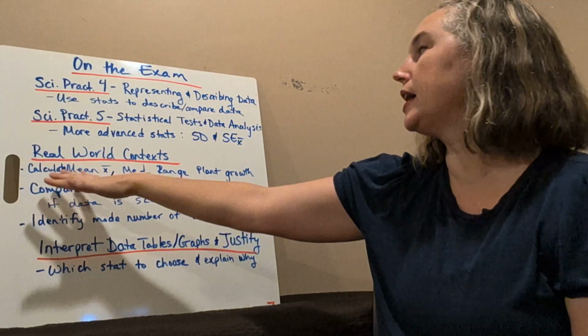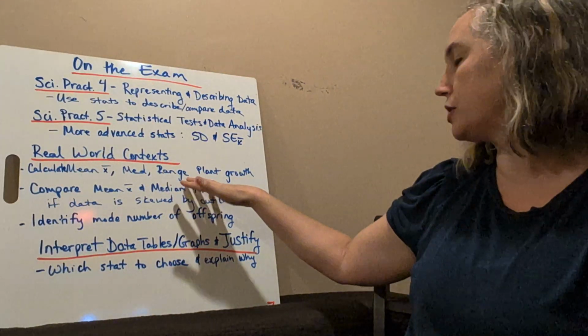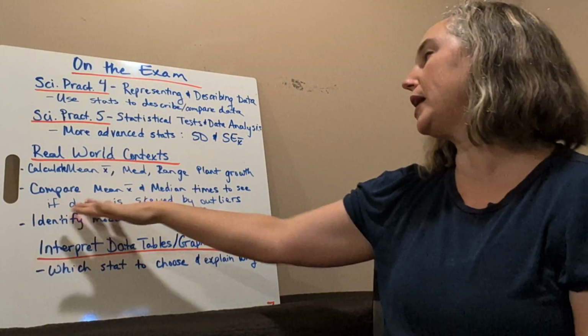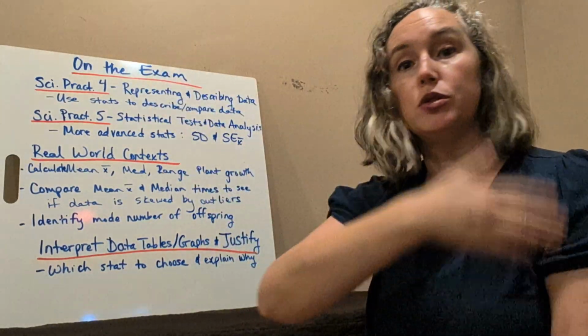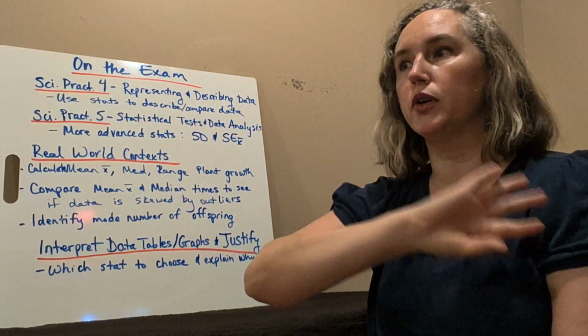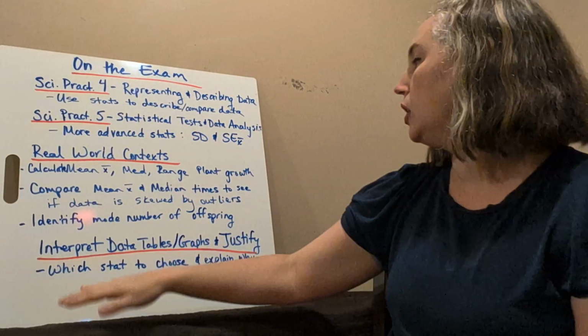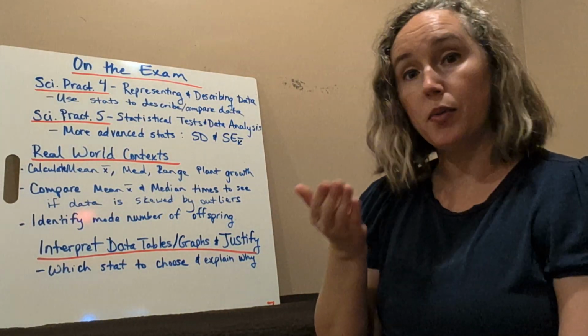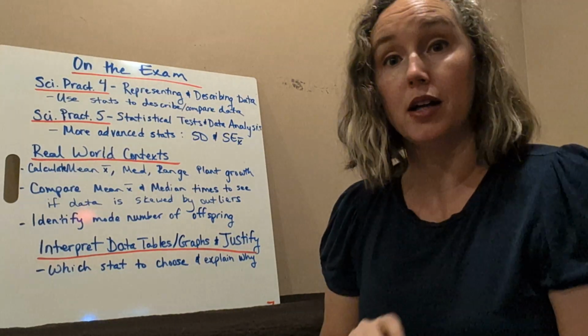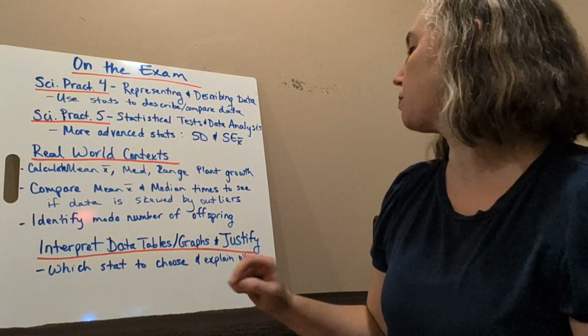Say like calculate any of those 4 measures for plant growth, or compare the mean and median of the times it took this enzyme to convert all the reactants to products, or identify the mode number of offspring. These are the type of context you're going to see on the AP Bio exam.